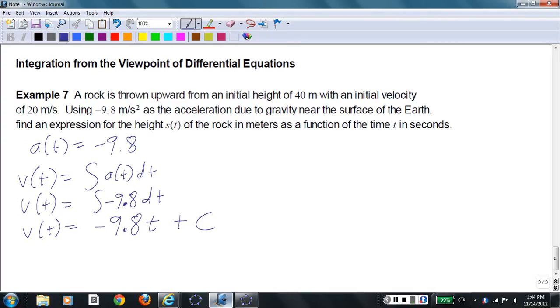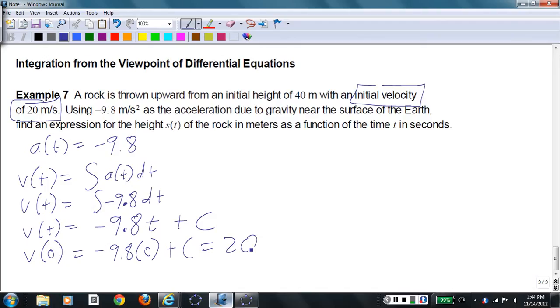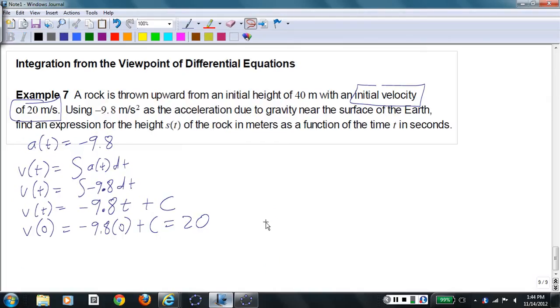But we can be more specific because we have an initial condition. The initial condition on the velocity, initial velocity of 20 meters per second. What we know is that v of 0, v naught, if you will, is equal to, well, for the sake of space, negative 9.8 times 0 plus c, and it's given to be 20 meters per second. That's enough information to solve for c.